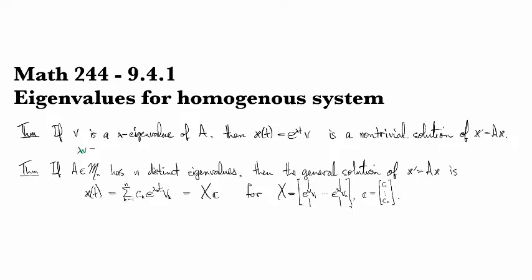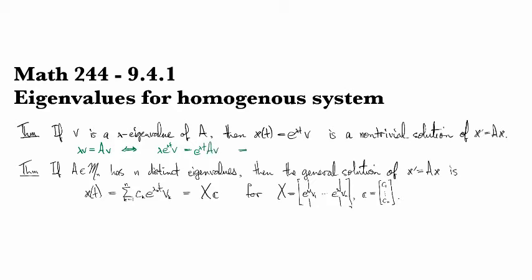If lambda v is equal to Av, then multiplying through by e to the lambda t, we have lambda e to the lambda t v equals e to the lambda t Av.